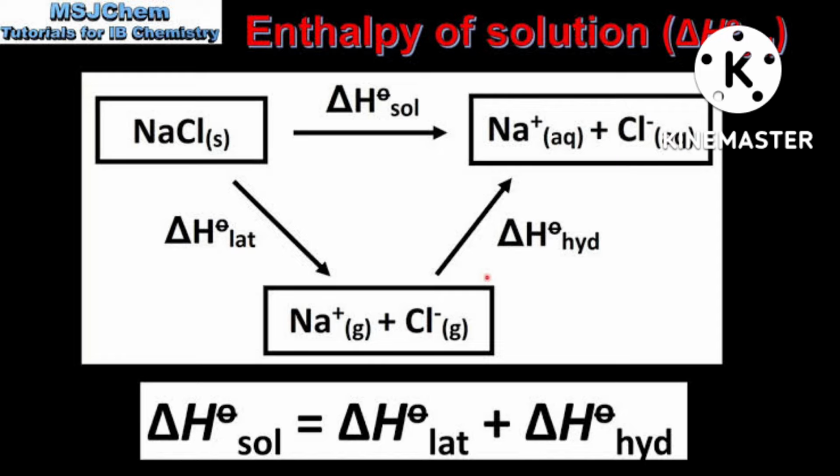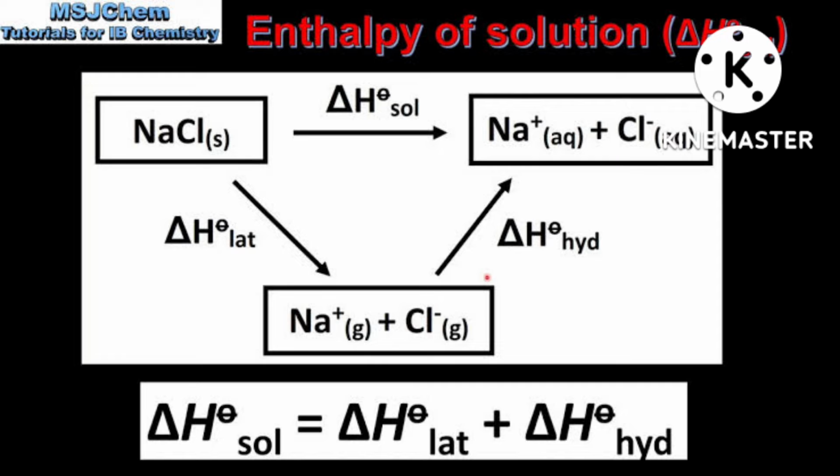This heat of solution or enthalpy of solution is the sum of lattice energy plus hydration energy in a simple way. You can write that delta sol, the heat of solution, is equal to heat of lattice plus heat of hydration.